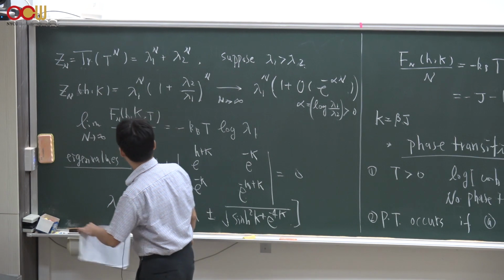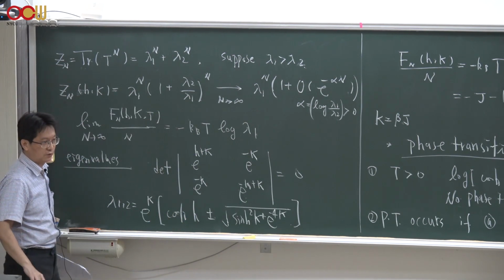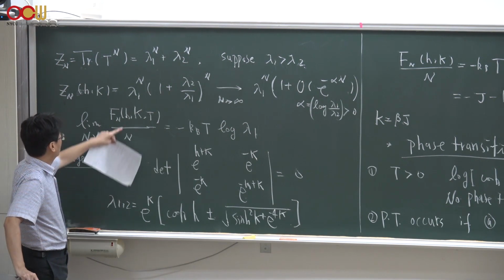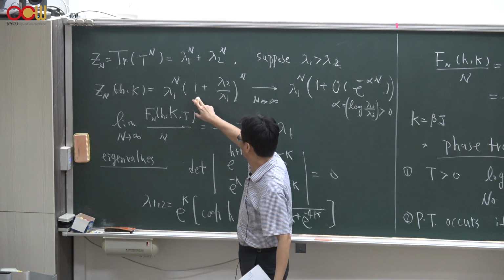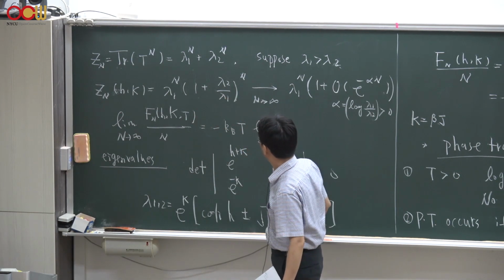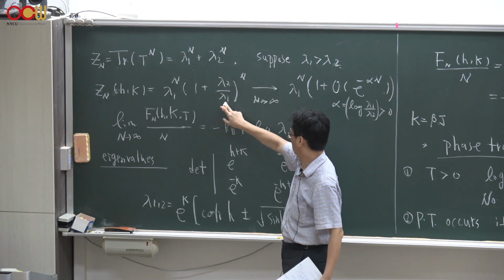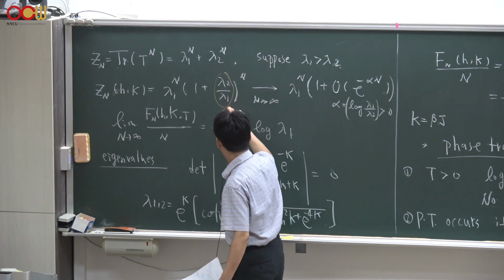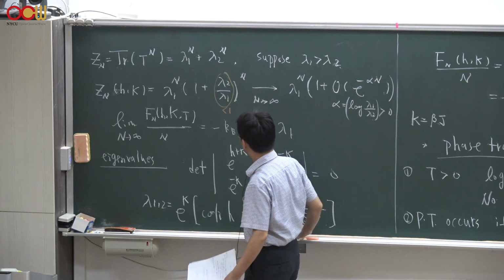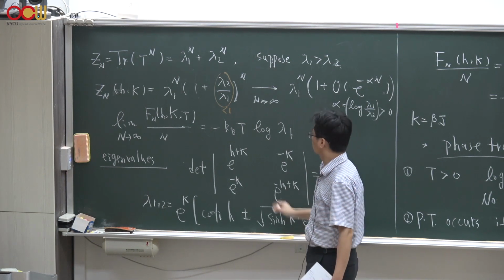So we could rearrange this sum of the two eigenvalues to the power of n in such a way that this is lambda 1 to the power of n times 1 plus something, where that something is the ratio of lambda 2 to lambda 1, and this ratio is less than 1. Overall, there is the power of that thing inside the bracket to the power of n.